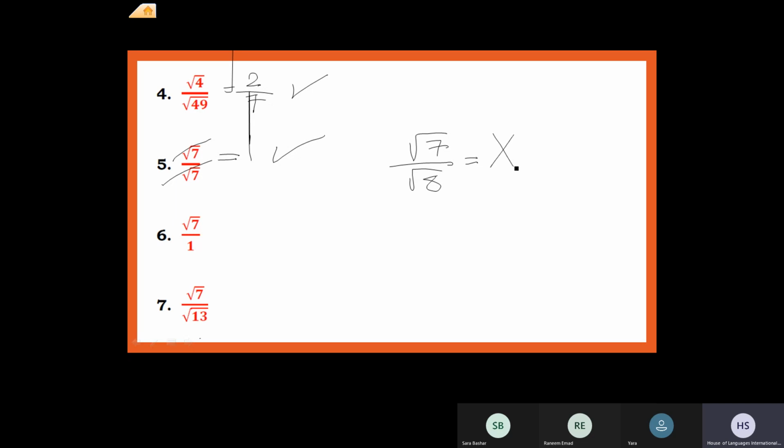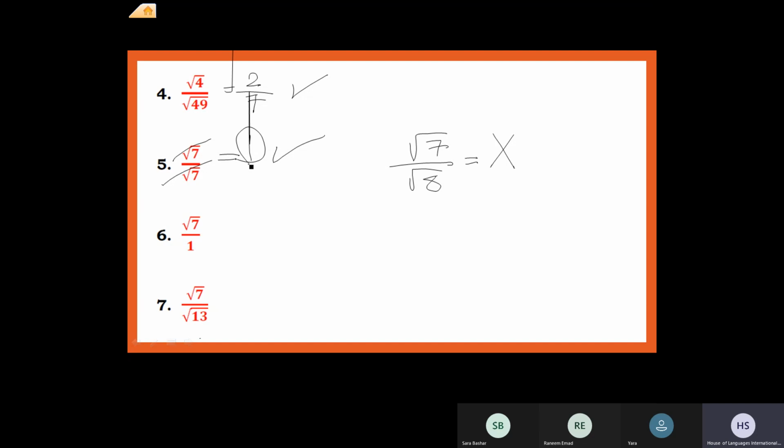Okay? It's 1 over 1. It's cancelled. So the answer is 1. So it's going to be rational. Got it now? It's only in division. If you have the same square roots, they are cancelled, the answer will be 1. So it's rational.